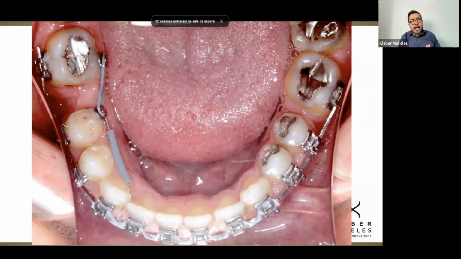If I'm applying one line of action, buccal and lingual, I'm controlling the angulation with the lower position of the hook and controlling the rotation with this second force here. So I'm using just one line of action.